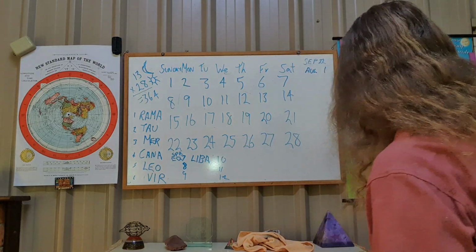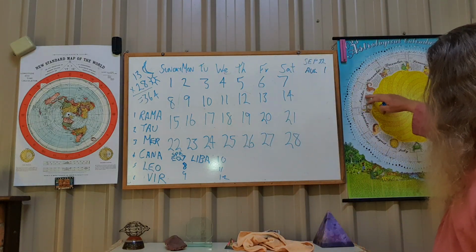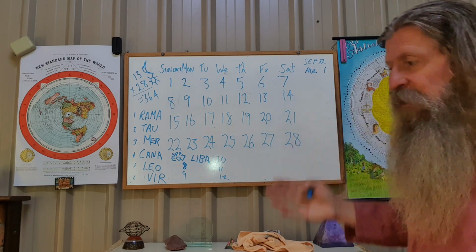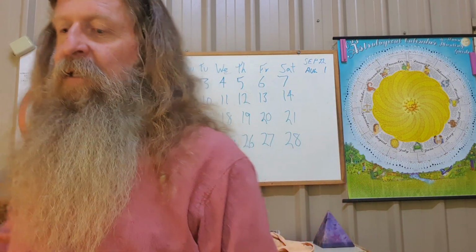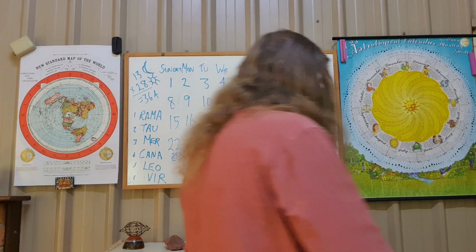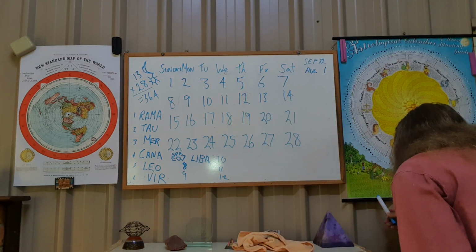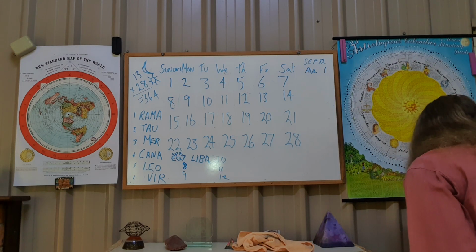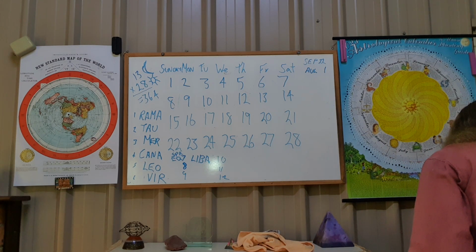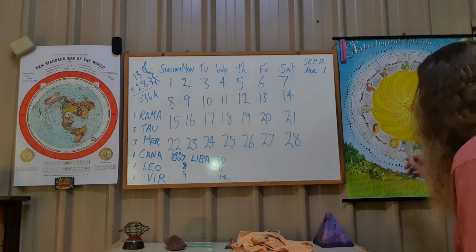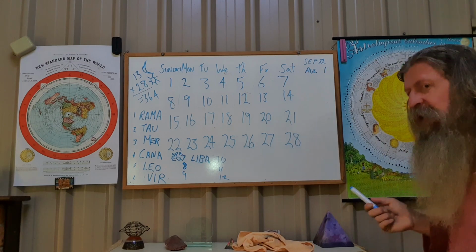So the next month then, after September, is October, where we move into Scorpio. So Scorpio, the scorpion, the stinger, is quite a masculine sign. Scorpio is a water sign. It's a water sign like Cancer and Pisces.